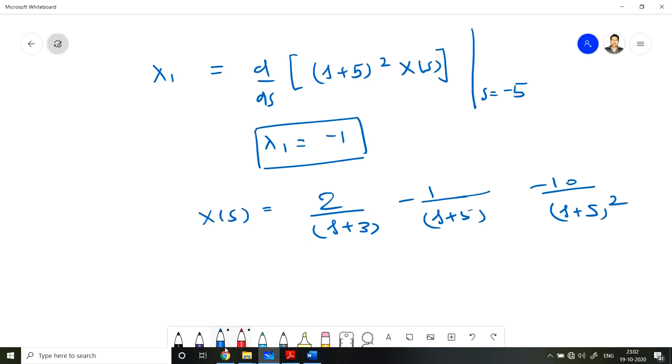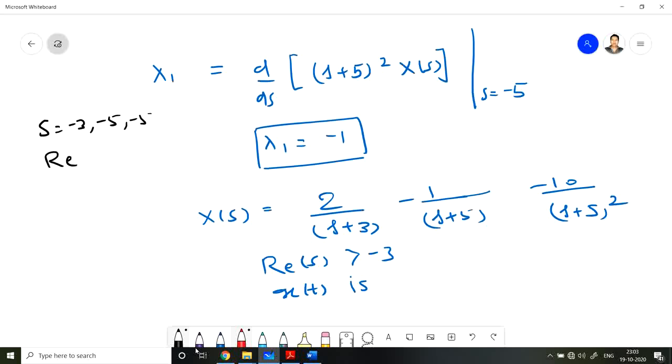Since the ROC is given as real part of s greater than minus 3, it means that it is to the right of the rightmost pole. The poles are s equals minus 3, minus 5, minus 5, and the ROC is real part of s greater than minus 3.